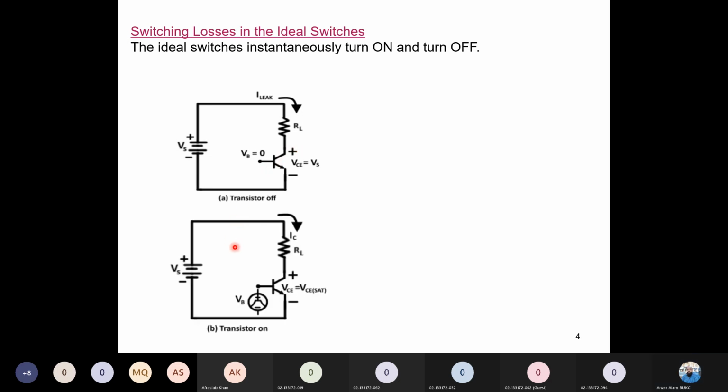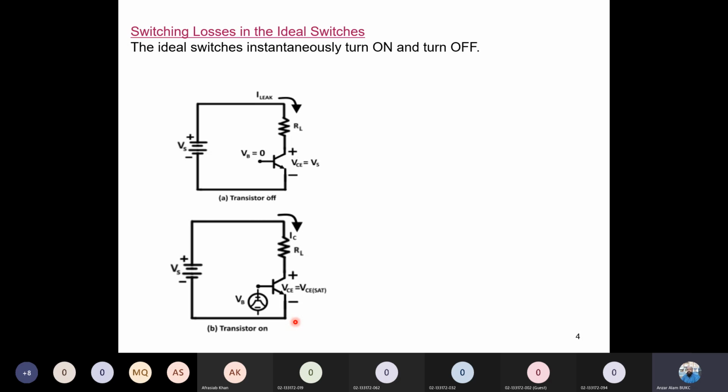Similarly, for the ideal transistor, the moment we give a high signal to the base terminal, exactly at that moment, without any delay, the transistor will turn on.